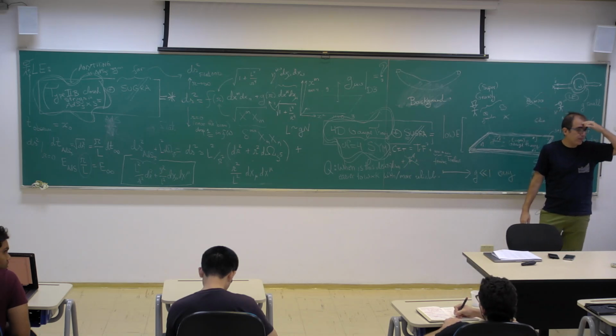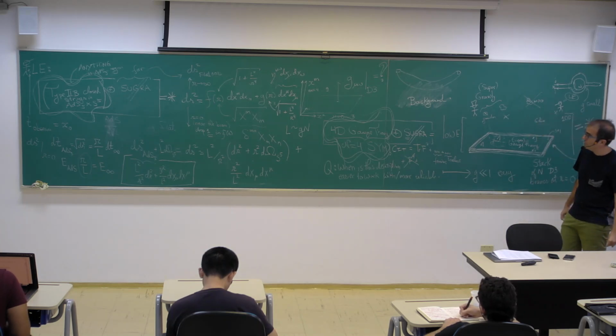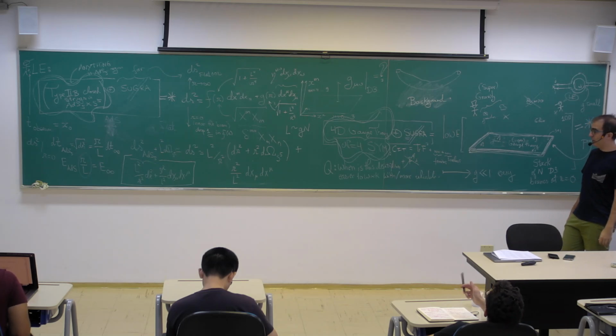Sorry. Have you used the fact that you have the supersymmetry? Do you need to have it? It's only when you have supersymmetry that you know how to do string theory properly.